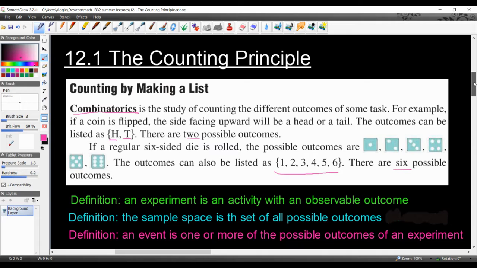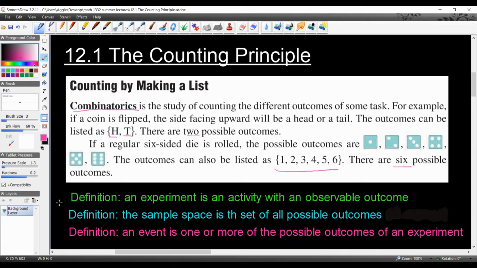We have a few definitions down here. An experiment is an activity with an observable outcome. So the studies we're going to be looking at are experiments, and if we were to try them, they would have outcomes that we could actually observe. Definition two, the sample space, which I mentioned, is the set of all possible outcomes.